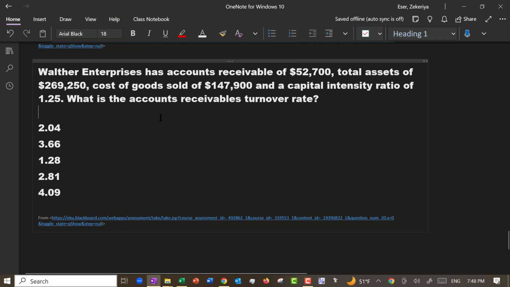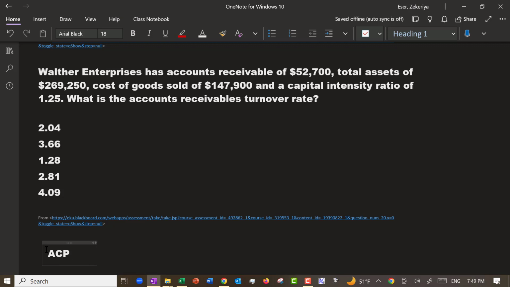Okay. We know the receivables, total assets, cost of goods sold, capital intensity ratio, what's the accounts receivable turnover rate? You guys want to attempt it? Average collection period is sales over receivables.